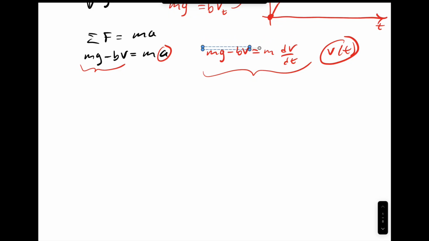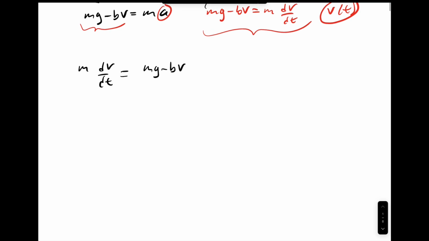Let me switch back to the pen. I'm going to rewrite this down below. So I have m dv/dt is equal to mg minus bv. Now I'm going to separate out. I'm going to get the dv's and the v's on the left and everything else on the right. So the first thing I'm going to do is multiply both sides by dt. So now I have m dv is equal to mg minus bv all times dt.